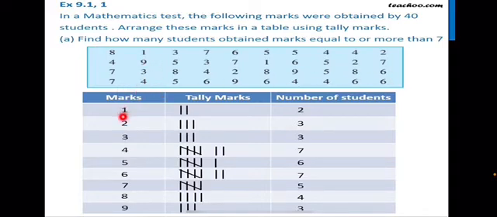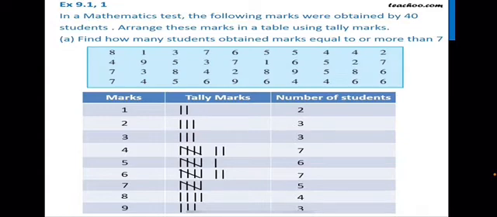So like for example, 1 mark was secured by 1 child and 2 children. So we make 2 tally marks over here. Now 2 marks were obtained by, let's see, 2 marks, 1, 2 and 3. So we'll make 3 tally marks over here.